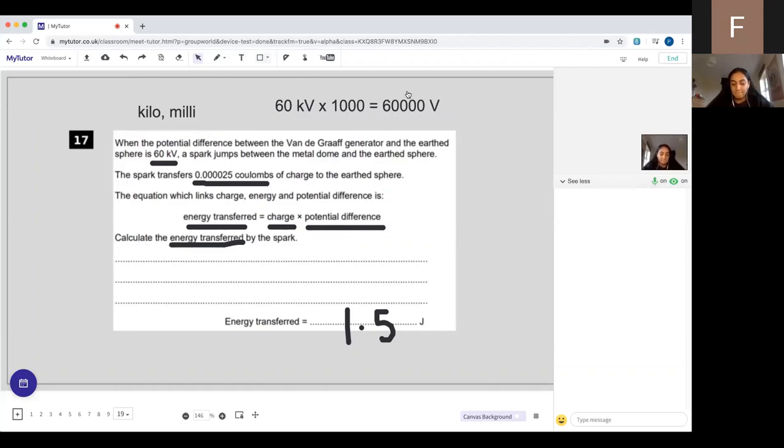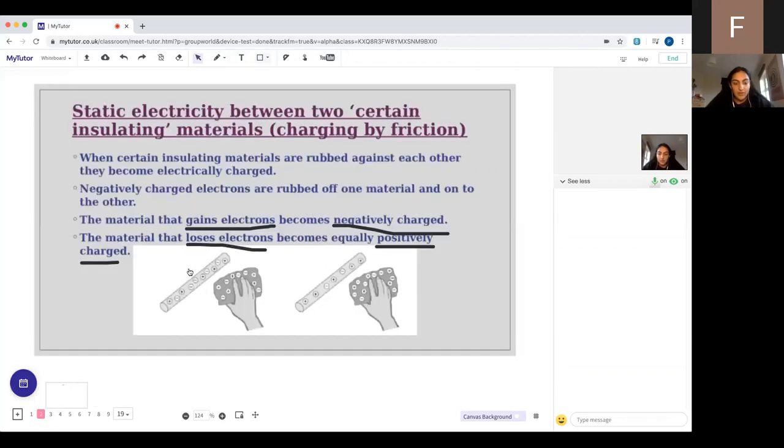Cool, and this may have been answered as we went along because this was quite early on, but someone asked, why do electrons move from the rod to the cloth instead of the other way around? So in this one, why do they move from the rod to the cloth? Well, that's because of the intrinsic property in the material.